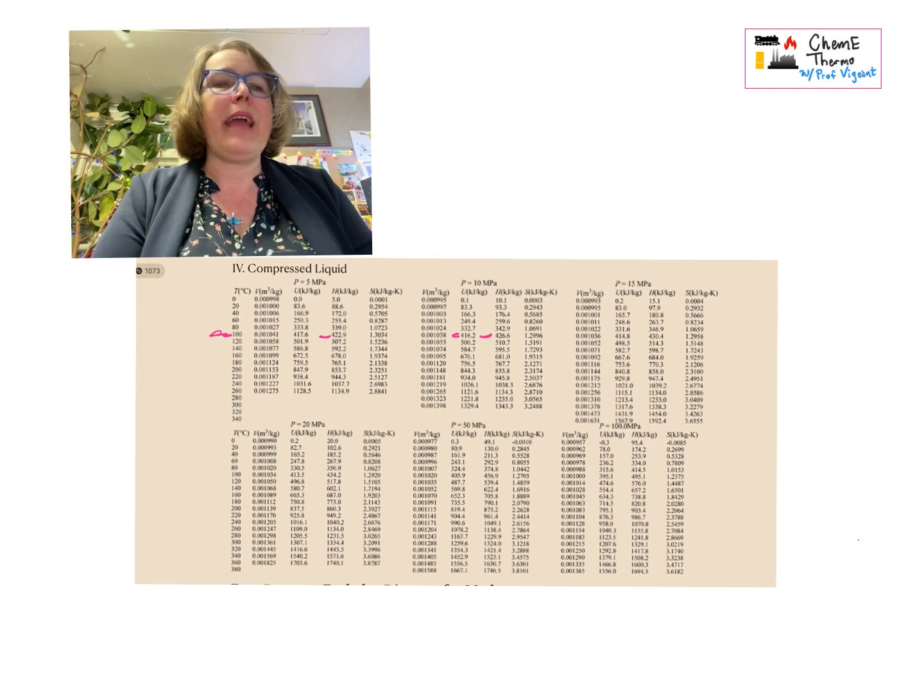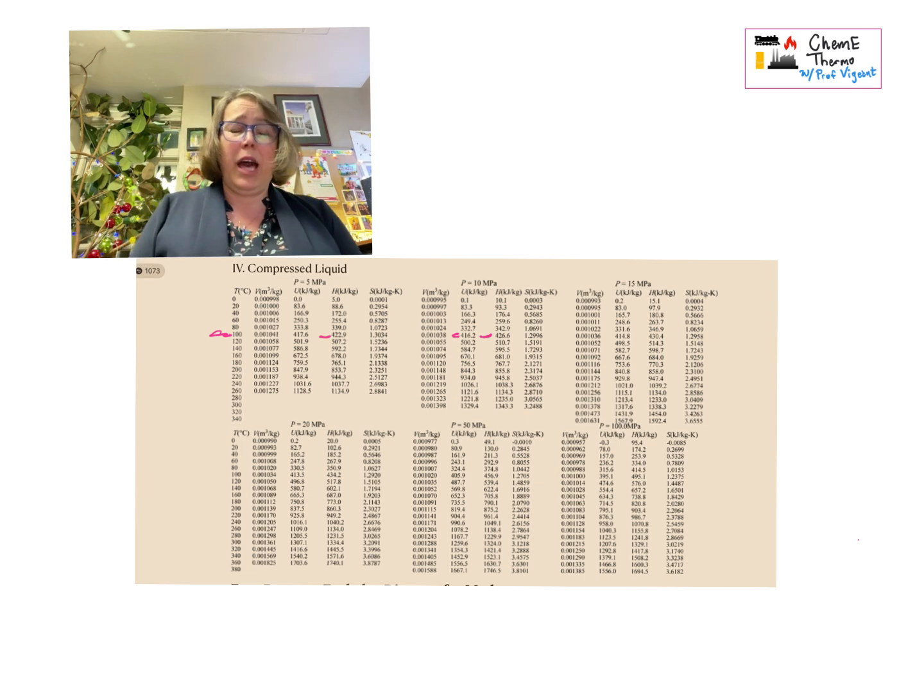Internal energy went down by 1 kilojoule per kilogram, and enthalpy went up by like 4-ish kilojoules per kilogram. And in the scheme of things, those are not big numbers.